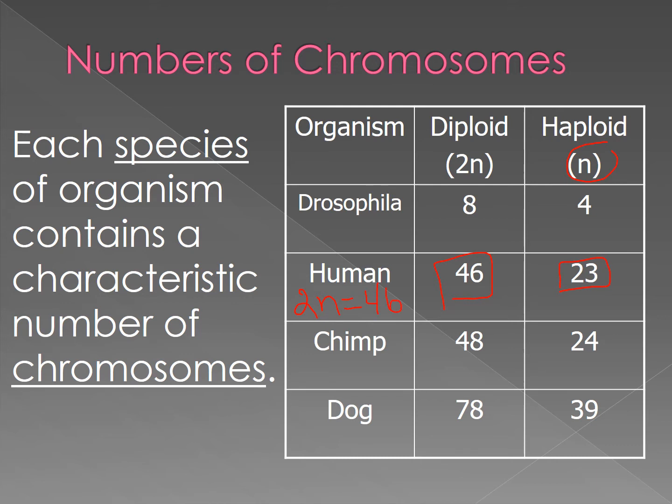And in order to know what your haploid is by the diploid number, you just divide it by 2, and that gives you 23. So meiosis is going to give us half of what our diploid number is, because it's split from mom and dad.